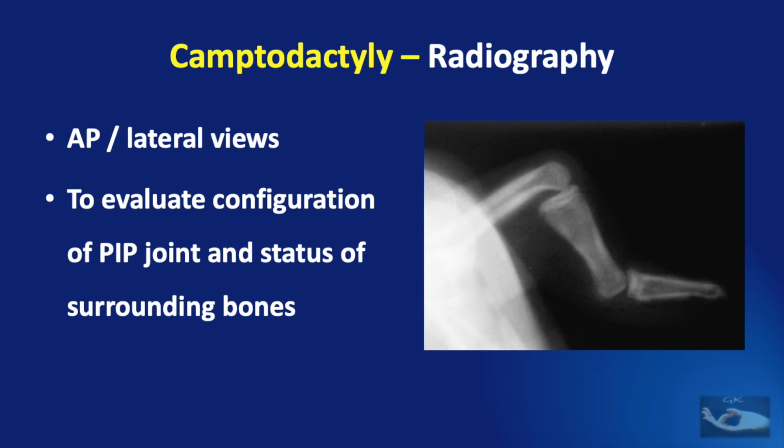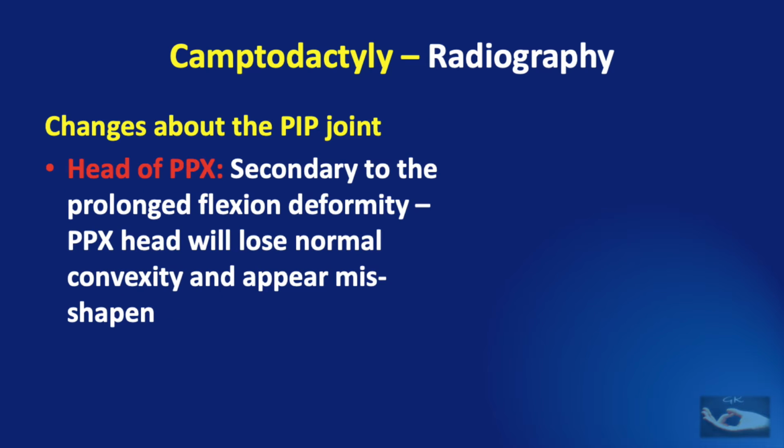Routine AP and lateral views of the hand should be taken to evaluate the configuration of the proximal interphalangeal joint and the status of the surrounding bones. The lateral radiograph is the most revealing view for assessing abnormalities of the proximal interphalangeal joint. In long-standing cases, X-rays are abnormal and show changes about the proximal interphalangeal joint secondary to the prolonged flexion deformity.